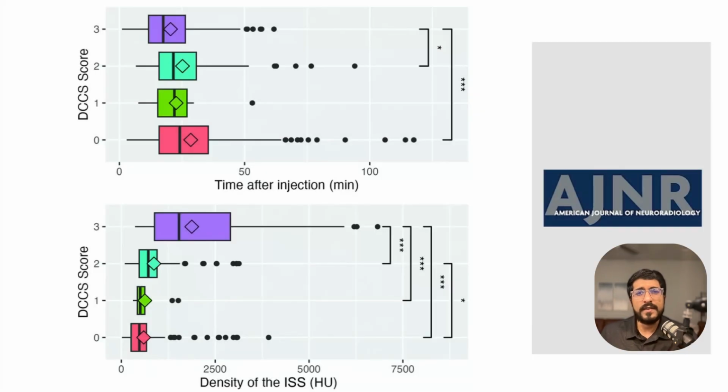It further illustrates this point by grouping scans according to diagnostic confidence. The mean contrast density in the ipsilateral subarachnoid space was significantly higher in scans where the fistula was definitively identified, while acquisition timing differences were present but less pronounced.